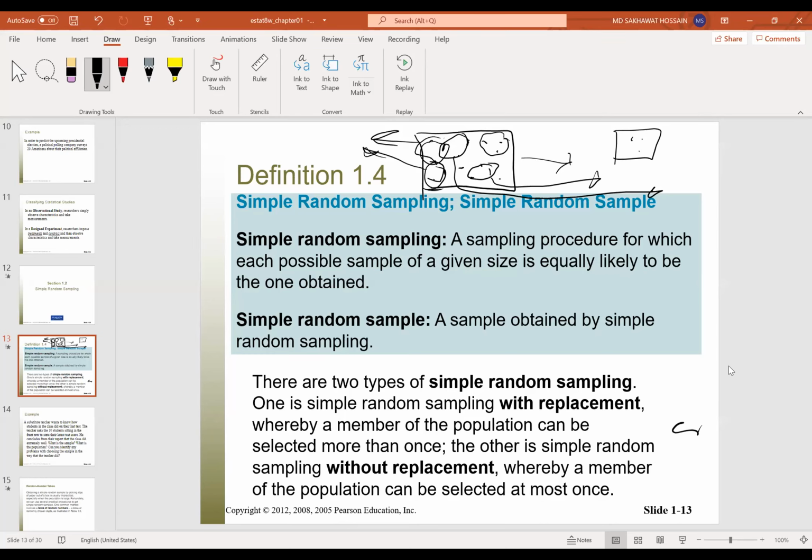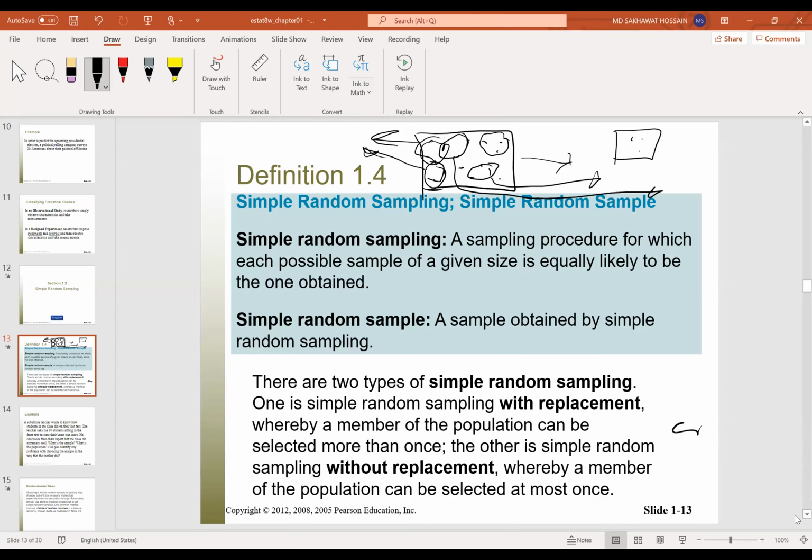In that case, each student has an equal chance to be selected. So when each sample has an equal chance to be collected, it is called simple random sampling, or simply SRS. SRS means simple random sampling or simple random sample. The method is called simple random sampling, and the collected sample is called the simple random sample.